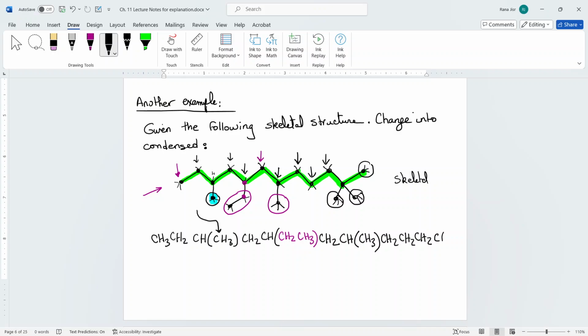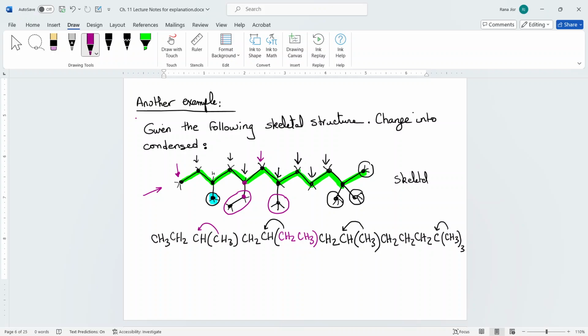I can open the parentheses and put them all in one and do 3 in there. This means that all of these 3 CH3s belong to the carbon. Again, when you open the parentheses, this means that the group in the parentheses belongs to the carbon before it. So this CH3 over here belongs to the CH, and this CH3 over here belongs to the CH as well.